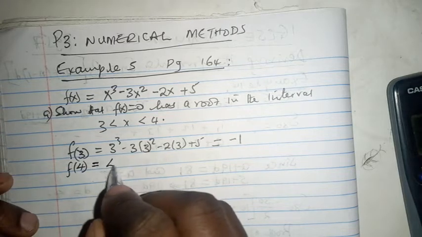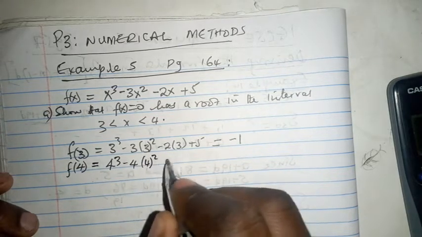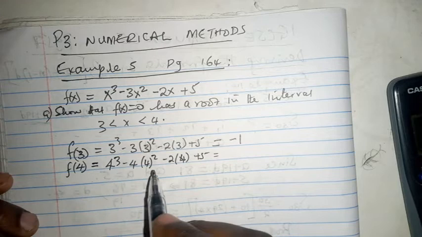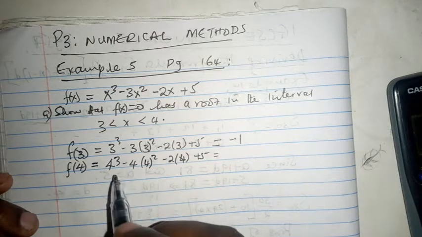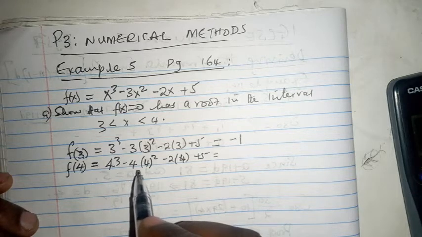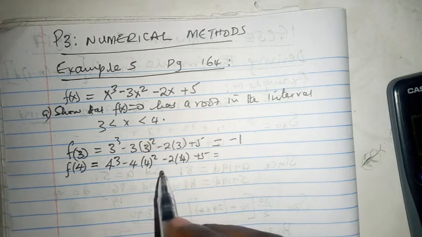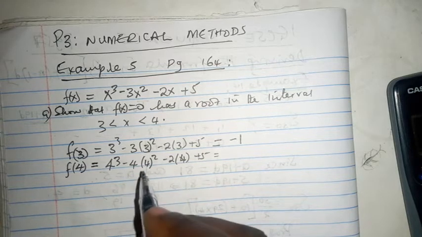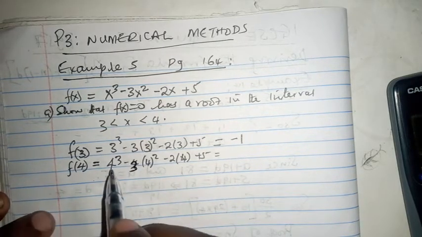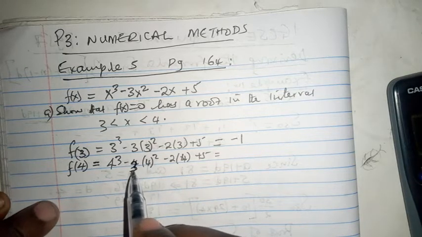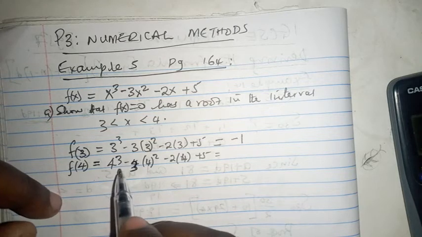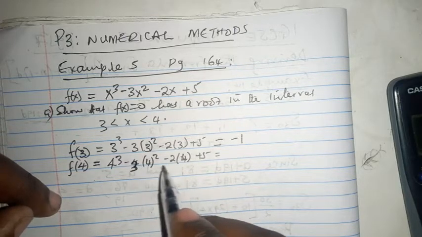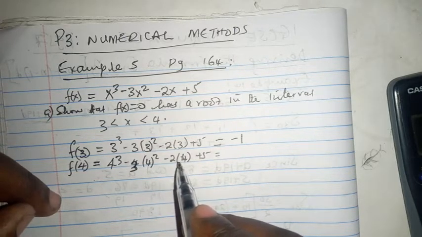What does it give us? 4 cubed minus 3 times 4 squared minus 2 times 4 plus 5. This is 64 minus 48, minus 8, plus 5.